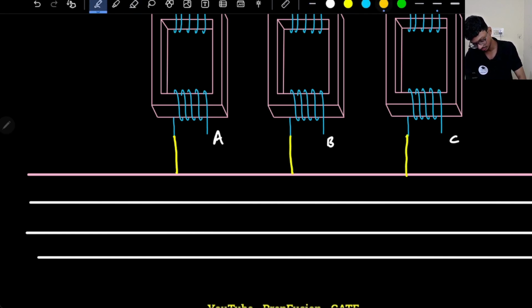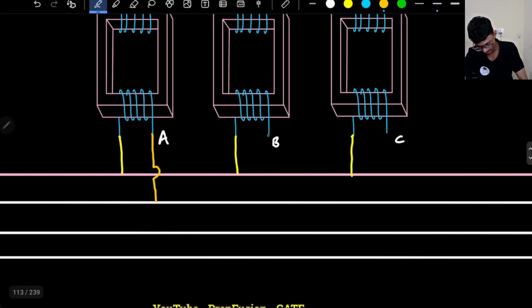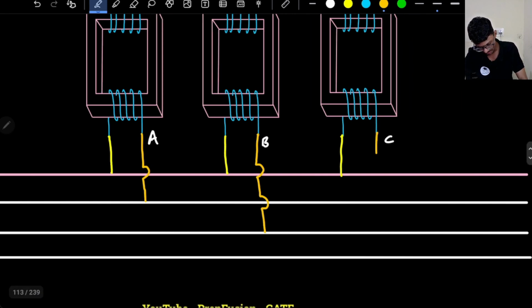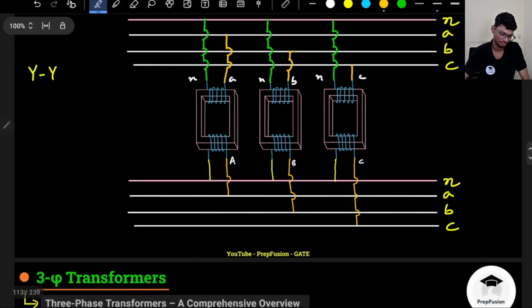A phase will be connected to A phase, B phase to B phase, and C phase to C phase.